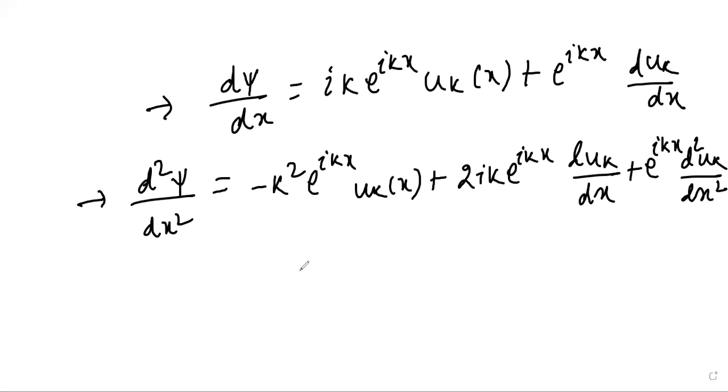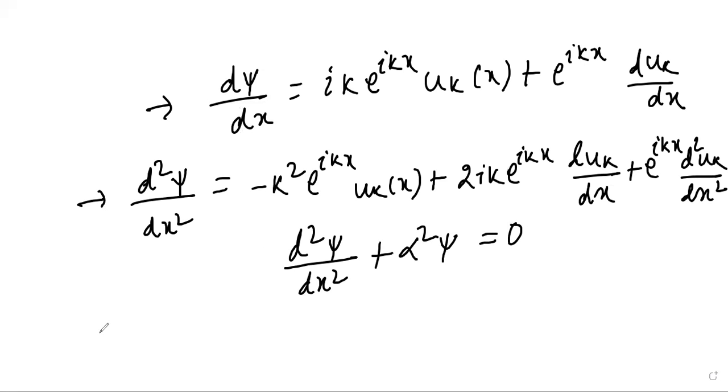So now if we substitute in the first Schrodinger equation, d square psi upon dx square plus alpha square psi is equal to 0, what we can write is, for one function, let me write the uk value as u1.